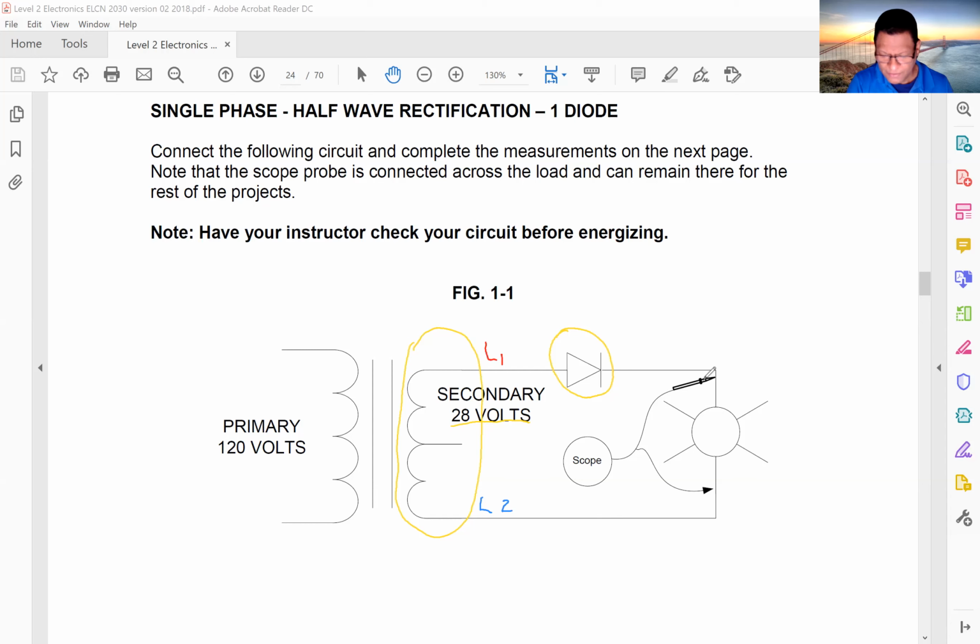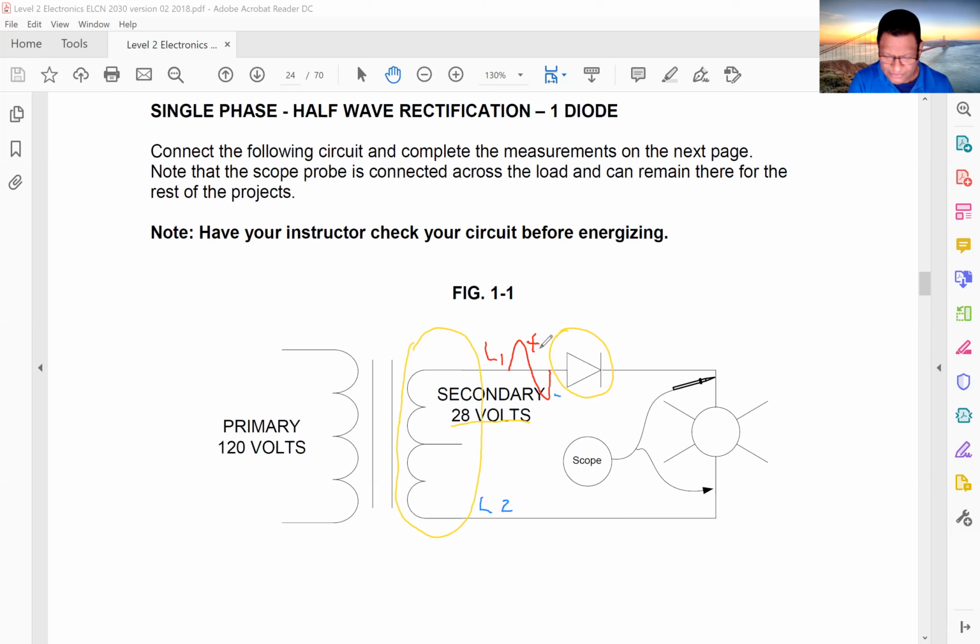Also, in the shop, you connected the oscilloscope in order to be able to see and measure the results of your sine wave. So in this case, we have the input sine wave. That part of the sine wave is positive, as we have discussed before, and this other part of the sine wave is negative.